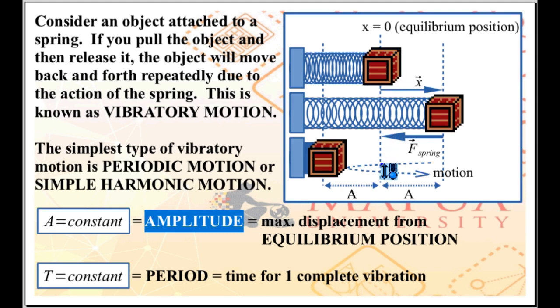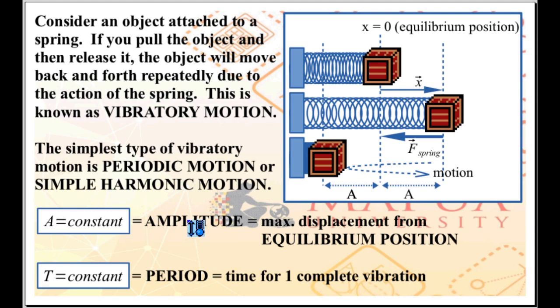The maximum displacement that the object can reach from equilibrium position, that's amplitude A. So on this side, A. On this side, A. A is constant for periodic motion or simple harmonic motion.